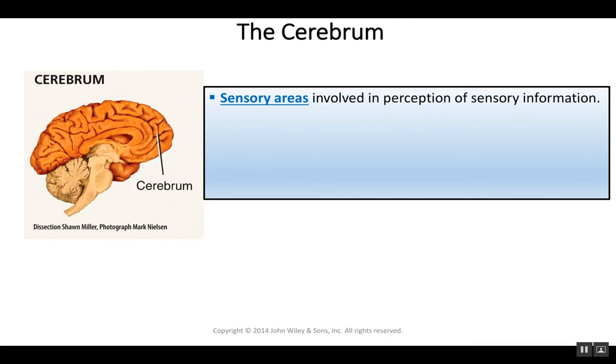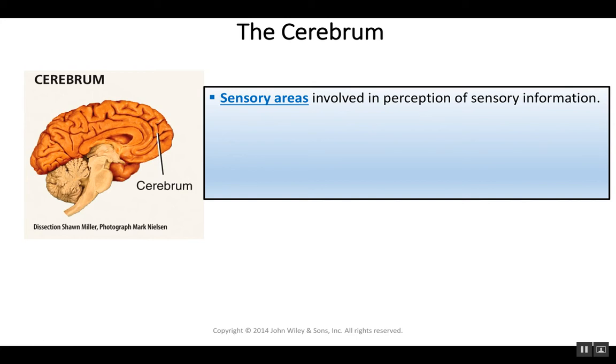It's very complicated, but one way we can simplify it a bit is first define 3 types of areas in the cerebrum. One are the sensory areas. There's a number of sensory areas that are going to be getting the sensory information so you can perceive it. So it allows you the perception of the sensory information.